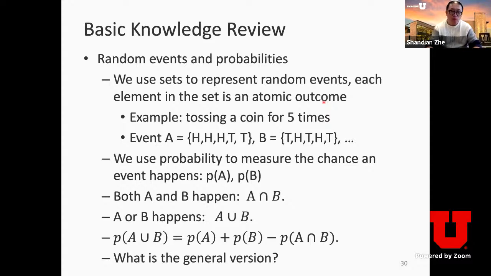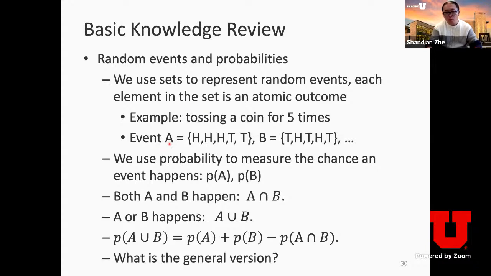For example, if your experiment is to toss a coin 5 times, an atomic outcome is just the result of one toss. Then we can look at the set of tossing results, which defines the events.